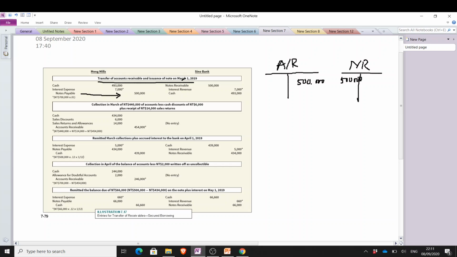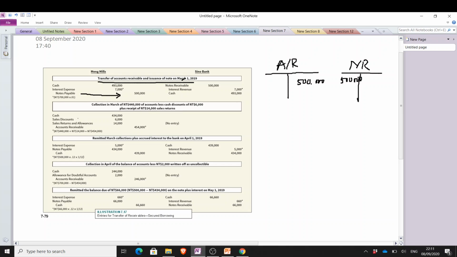And then Mang Mills still collects the receivable from its customers. So, for example, here on March, $440,000 of account less cash discount of 6,000 is collected, plus receipt of sales return of 14,000.